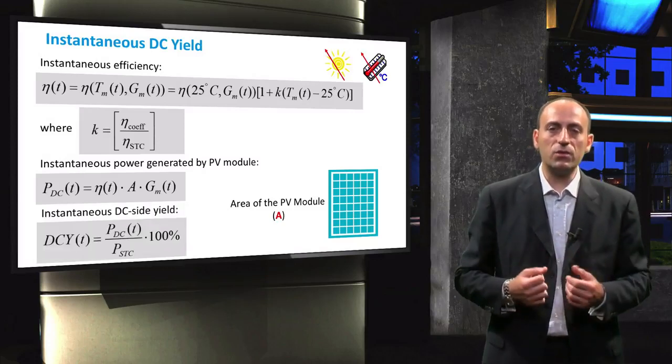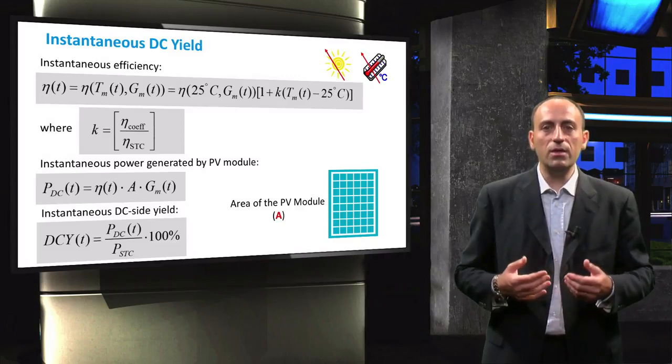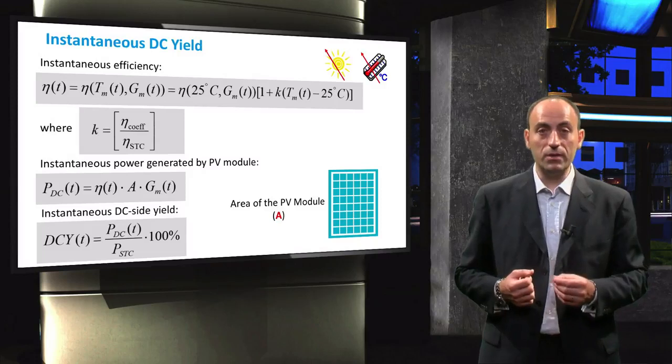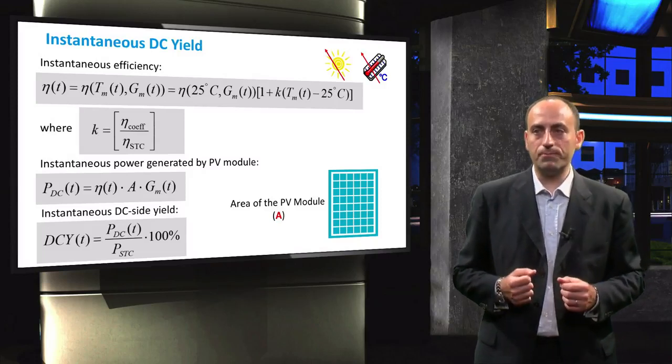Finally, the instantaneous DC yield, DCY, of the PV module is calculated by dividing the instantaneous power PDC by the nominal power PSTC of the PV module.